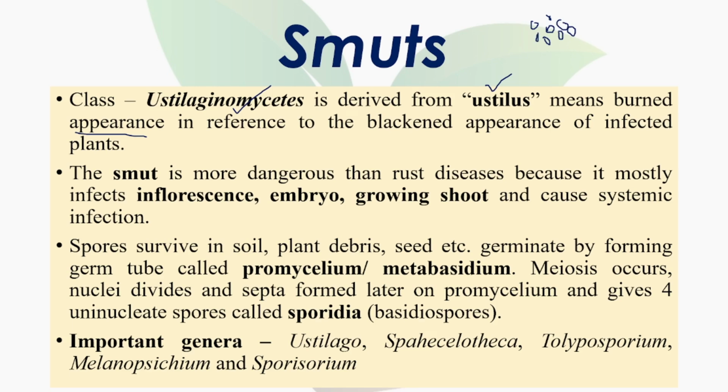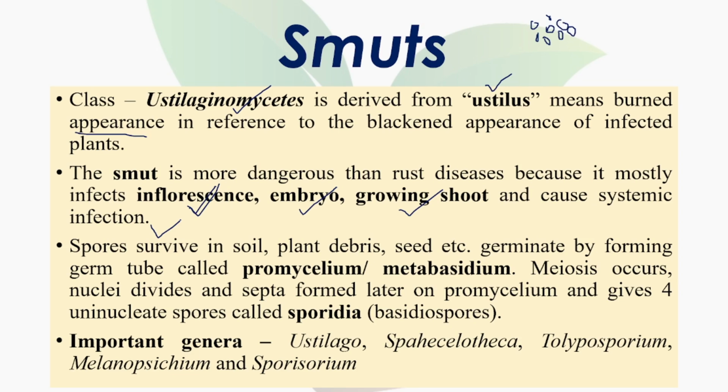So smut is more dangerous than rust disease, because rust targets maybe leaves or stems or some other parts, but smut directly targets the inflorescence. Sometimes it also infects the embryo, but only in very rare cases; mostly it infects the inflorescence and growing shoot, and is also responsible for systemic infection. That's why it is more dangerous and causes more damage than rust disease.